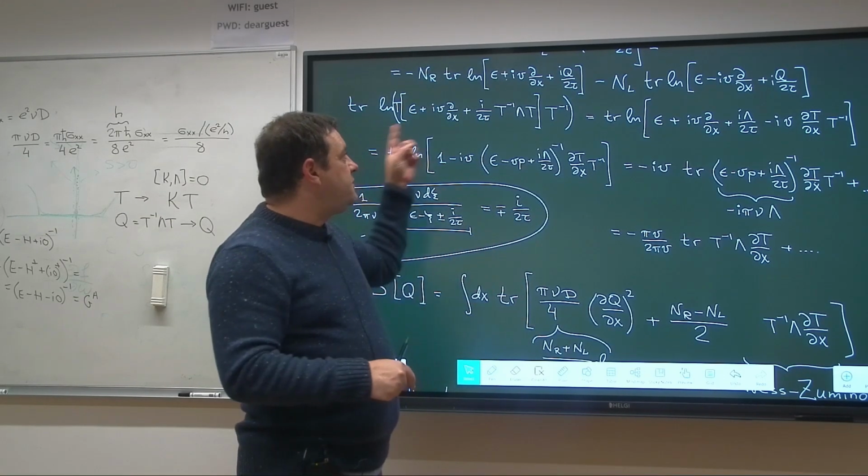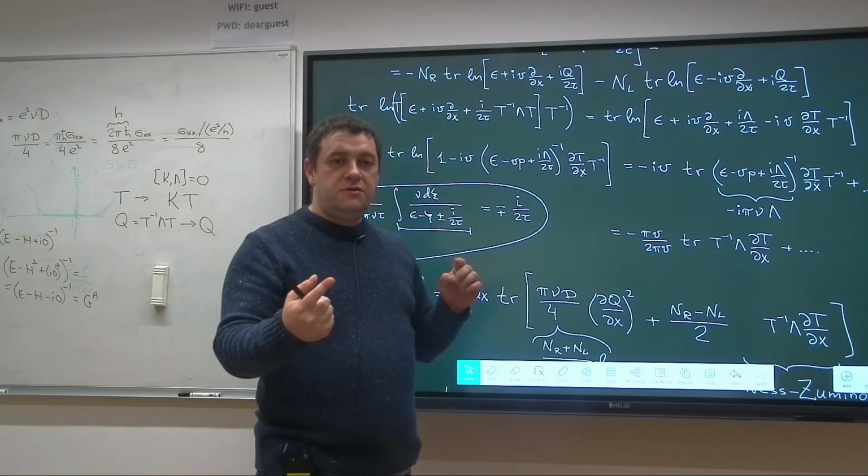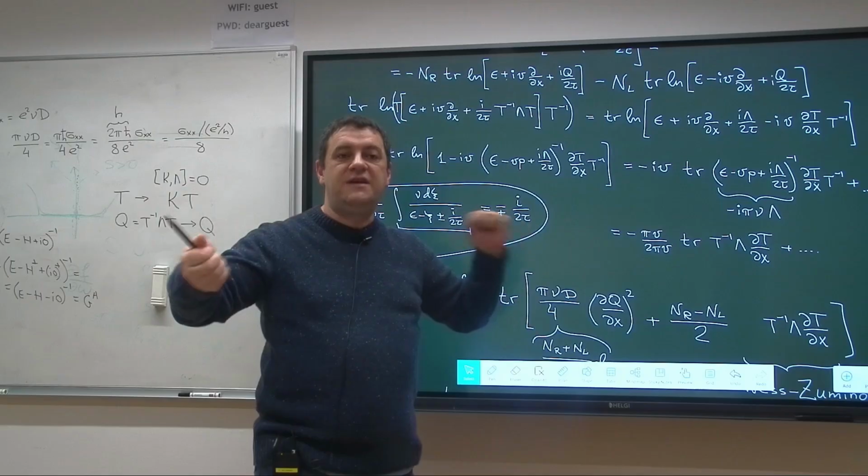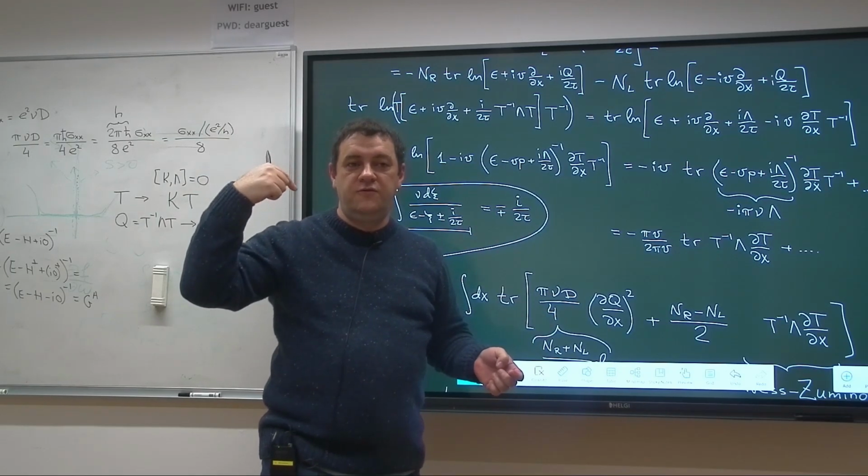And it's also related to gauge symmetry. When we do this T inverse rotation, it's like a gauge transformation, but for the fermionic fields.